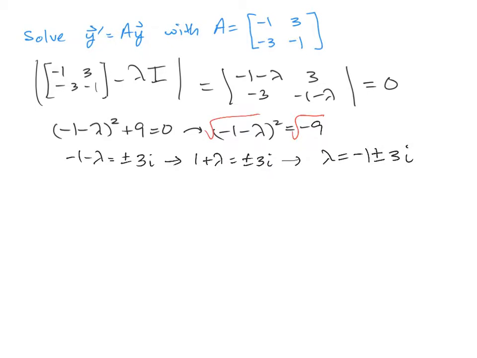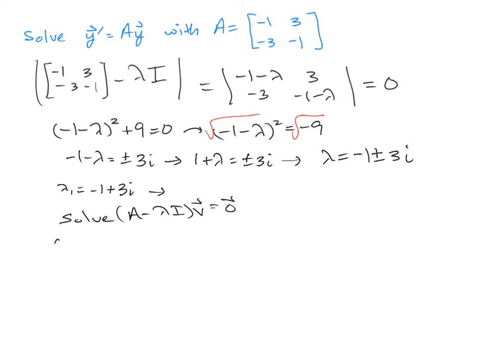So the next thing we're going to do is go through and find the corresponding eigenvectors. We'll just take lambda 1 to be negative 1 plus 3i for this process. We'll show you why we just take one eigenvalue in a few minutes from now. So once again, we need to solve A minus lambda I times vector v equal to 0 to find the eigenvector.